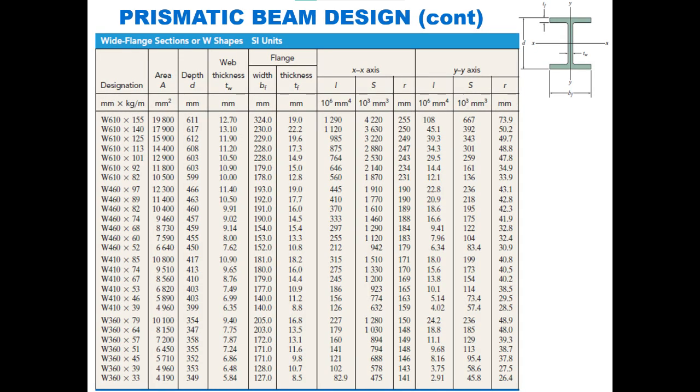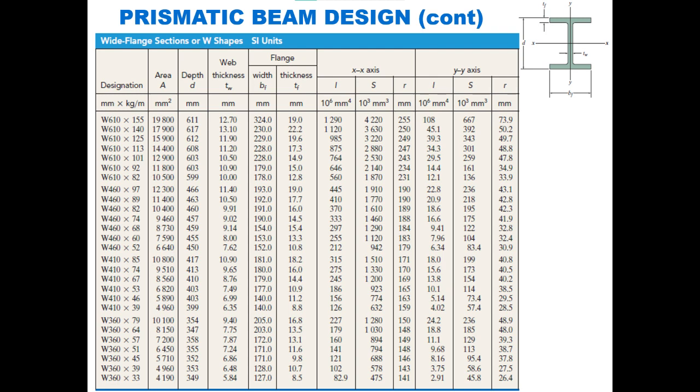And one of the codes will have this prismatic beam section. We'll have all the section names, area, depth, web thickness. This is all already manufactured, and if you're going to use it on your site, it will be supplied to the site, to the contractor. You will have different sections, and then you can choose based on your design values for adapting in your construction.